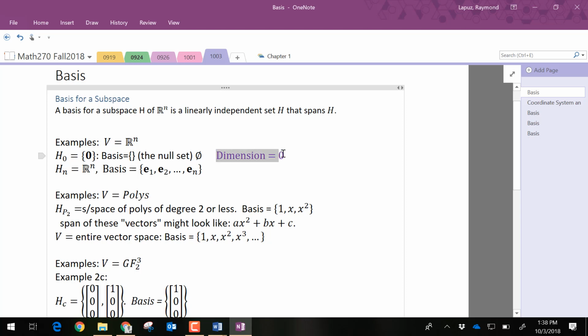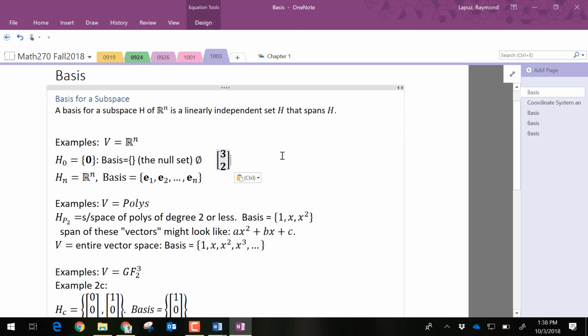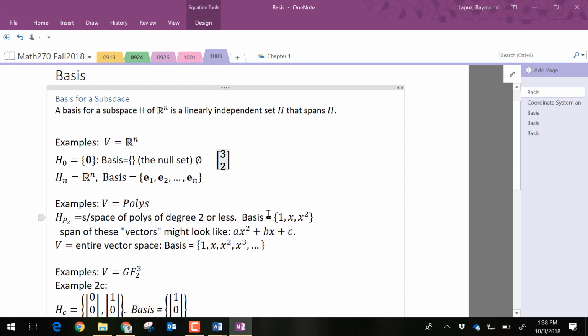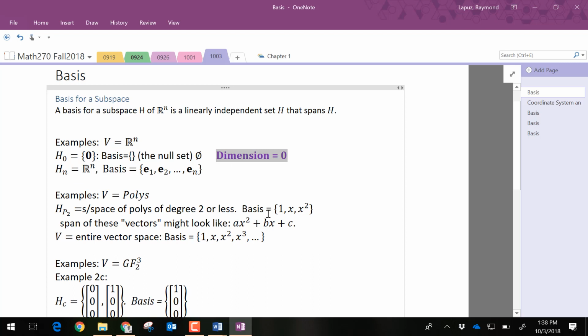It's a zero-dimensional subspace. I'm trying to bold it. There it goes. Okay, the next one. I just thought I'd change it up.